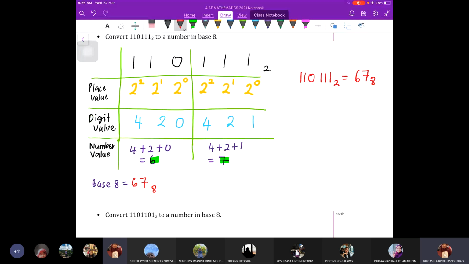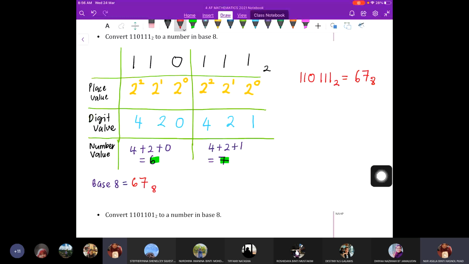So step dia adalah you have to divide the digit into threes. Jadikan dia by block by block. So 3 digit and then 1 block. 3 digit, 1 block. Cari place value, digit value, number value. Macam kita buat, kita cari kita punya collection process kan. Kita buat macam ni. Cuma final answer ni, by block ni akan jadi base 8.